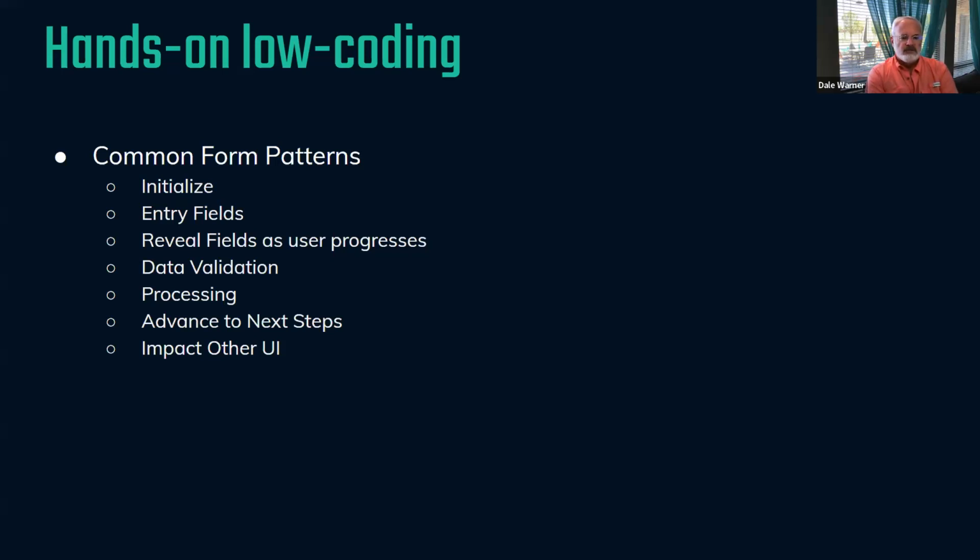Then you have your entry fields. So anything that you've left enabled, any fields that are available for users to fill in, they can fill them in. You might reveal things as a user progresses.